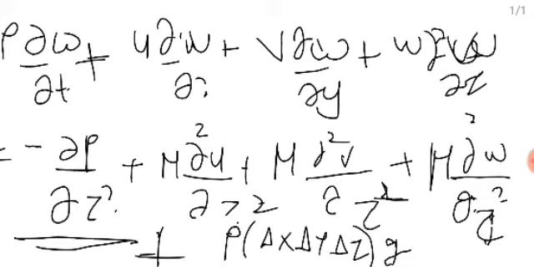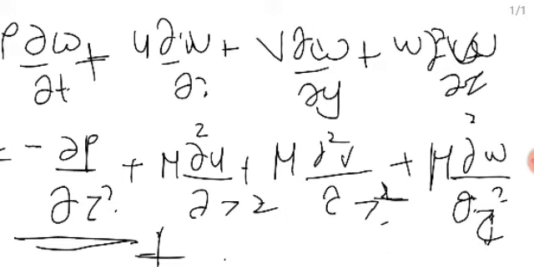Now while we have constructed the equation, we have divided all terms by, if you are remembering that, Δx Δy Δz. In the first equation we divided all terms by Δy Δz. While constructing the equation in the y direction, from the basics, if you are referring backwards, you will get that point. So it is nothing but ρg Δz. Now these equations are called Navier-Stokes equations.